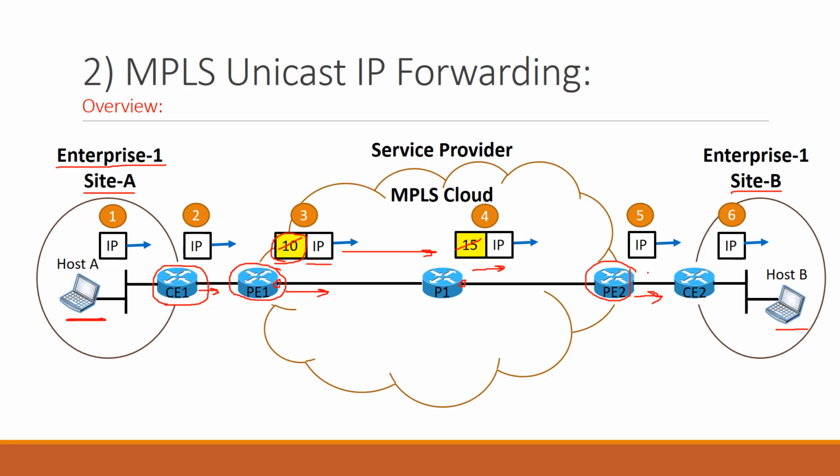So the packet that will be sent from PE2 to CE2 is an unlabeled packet because CE2, by definition, has no awareness of MPLS, so it shouldn't receive a labeled packet.